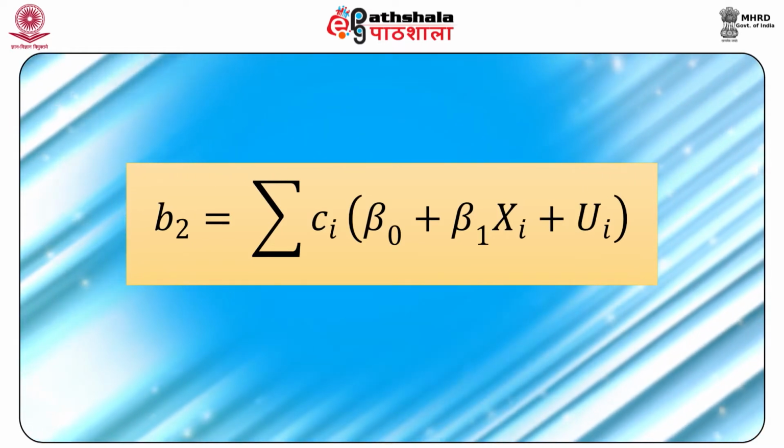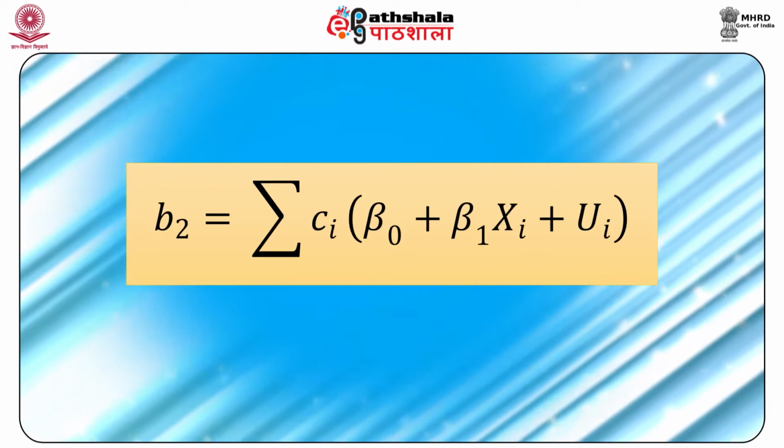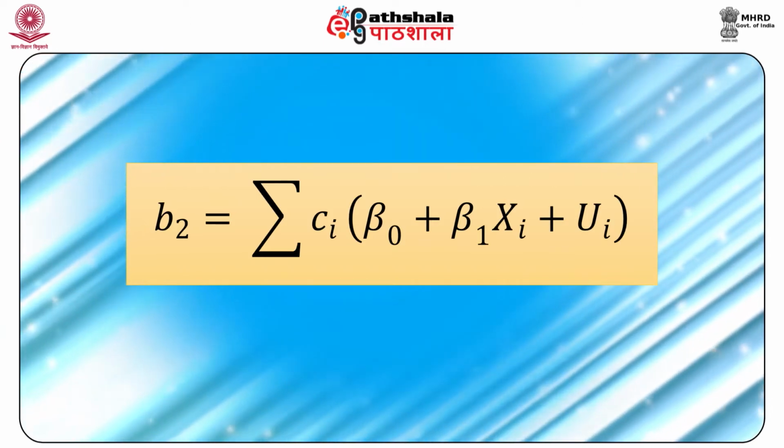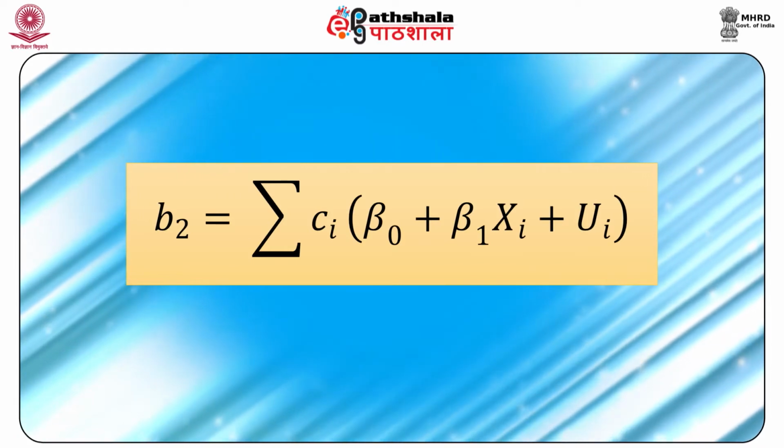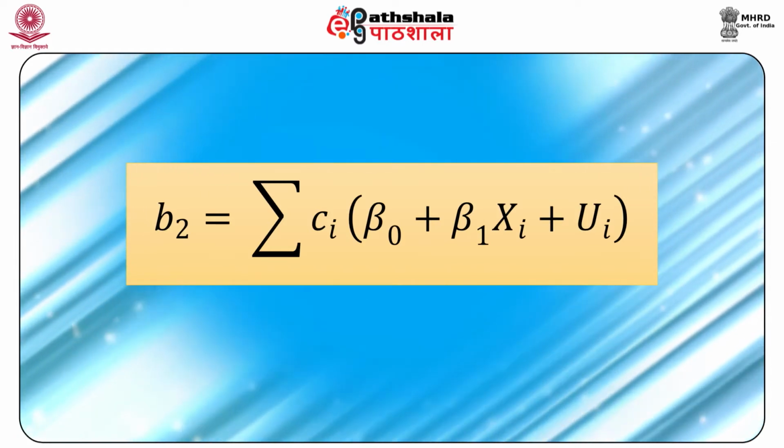Since Ci, beta 0, beta 1 and xi are fixed, B2 is a linear function of the disturbance term mu i, which is assumed to be random. So the probability distribution of B1 and similarly of B0 will depend on the probability distribution of mu i. This assumption of the probability distribution of mu i is therefore necessary for hypothesis testing.